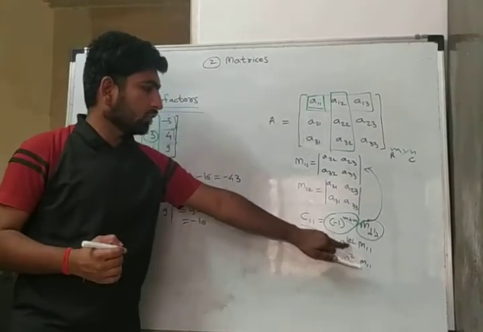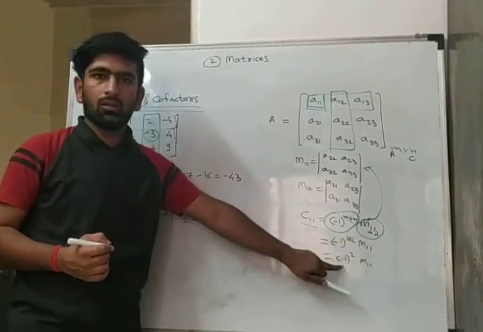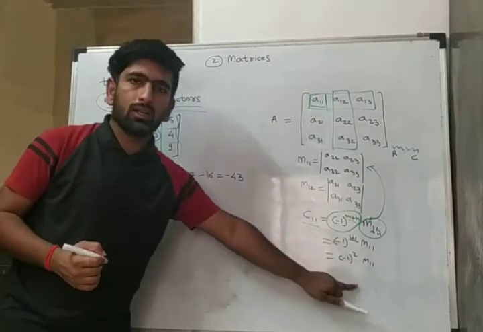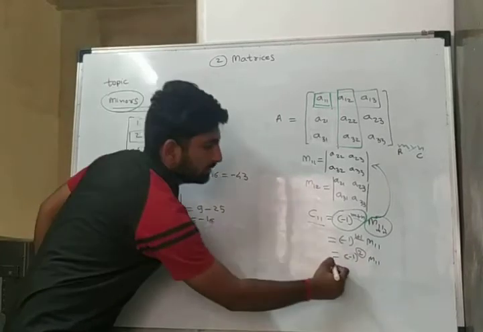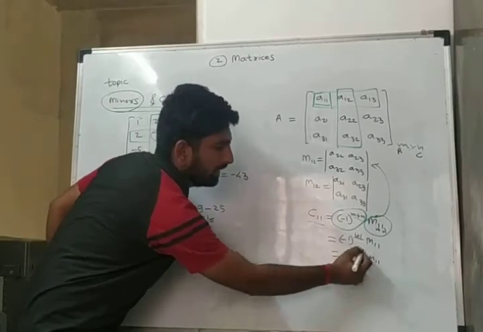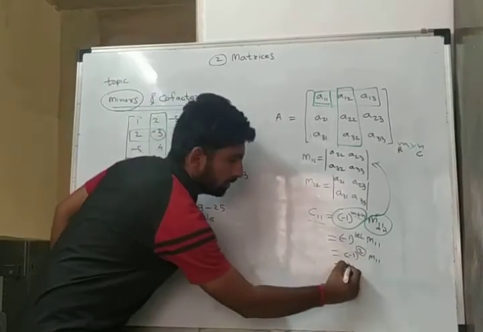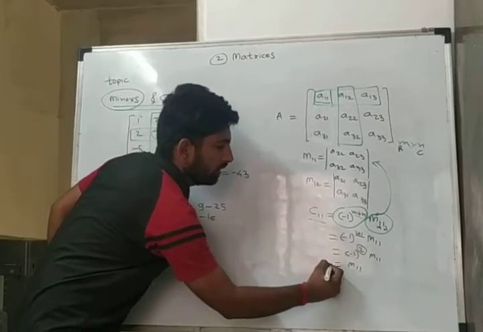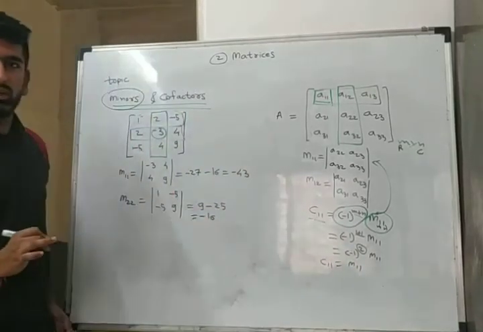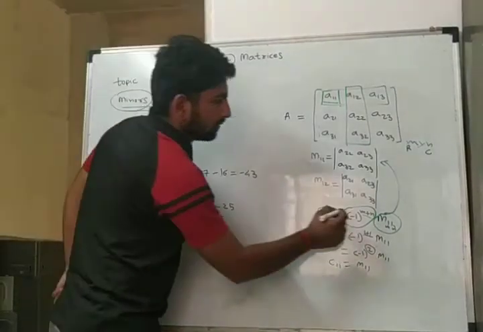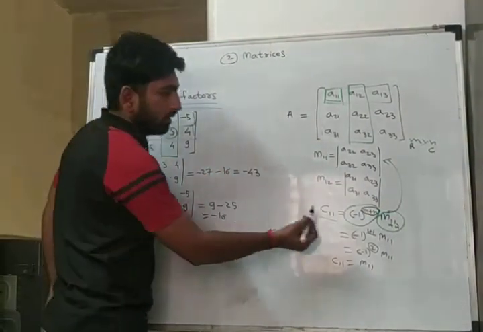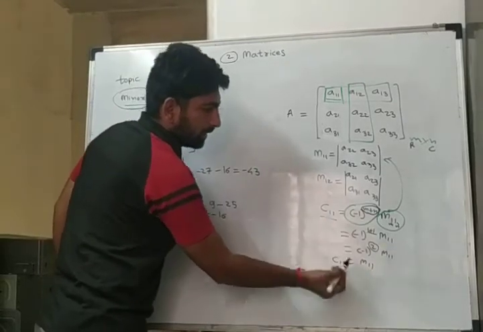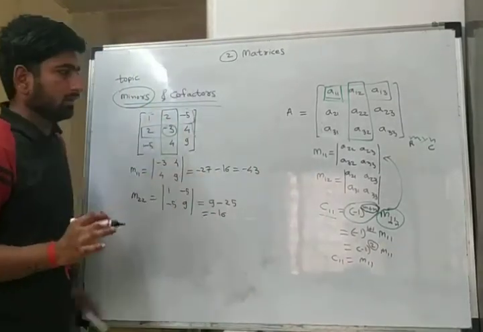When the addition of m plus n is even, the cofactor is equal to the minor, because an even power of minus 1 is equal to 1. So C11 equals M11. We observe that if m plus n is even, then minor and cofactor are equal.